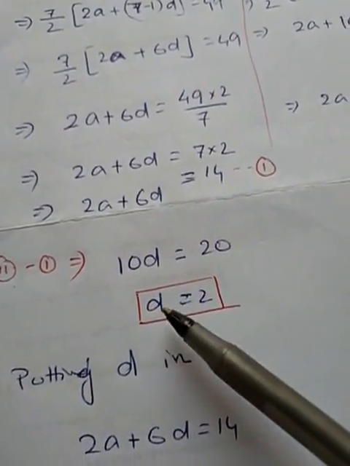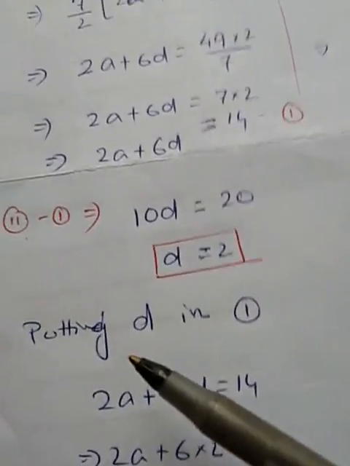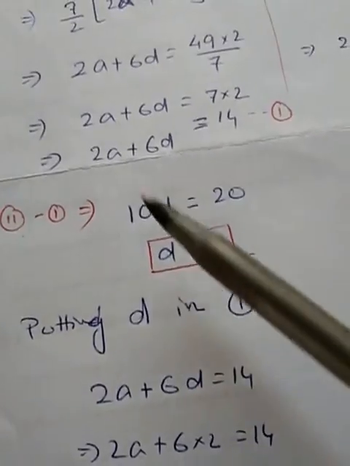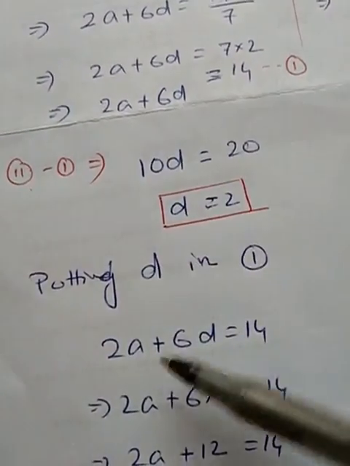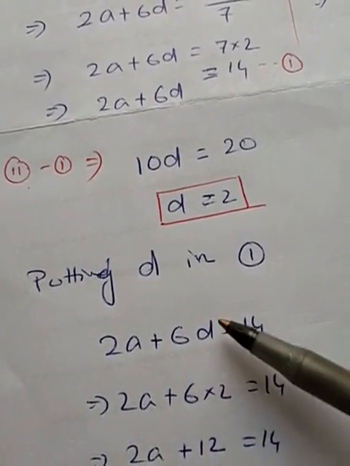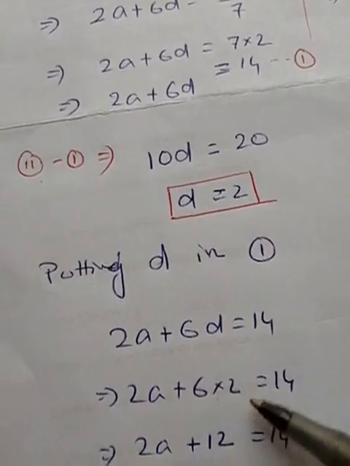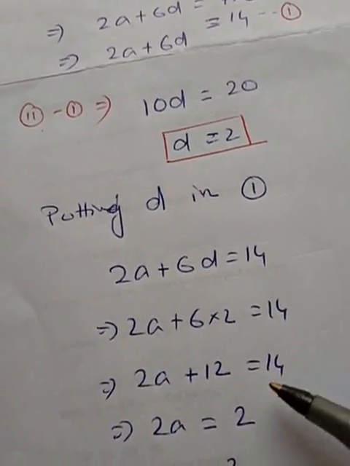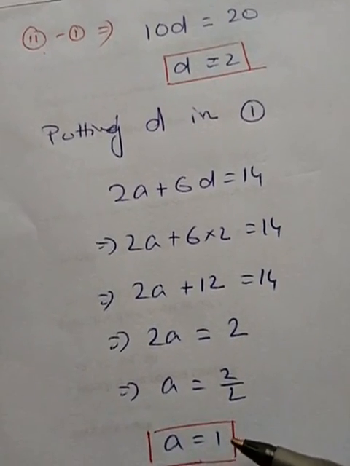So we get d, which is 2. Now putting the value of d in equation 1, we get 2a plus 6d equals 14. So 2a plus 6 into 2, 12, this 12 shifts to the right side, 2 left, so then a is 1.